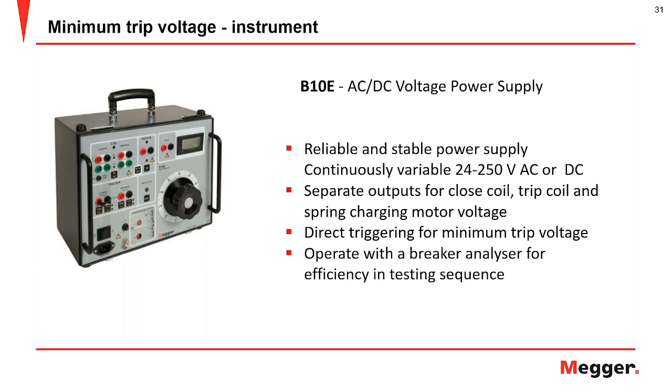It has separate outputs for closed trip coils, and you can power the spring charging motor from the same unit. You can directly trigger from the front panel the circuit breaker operation, or you can operate it in conjunction with the circuit breaker analyzer, Eagle or TM1700, 1800.